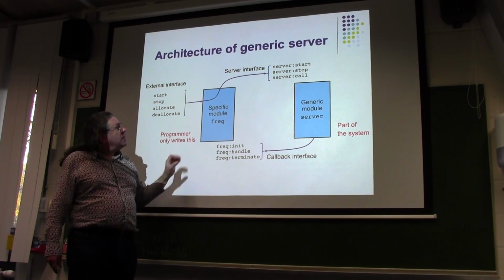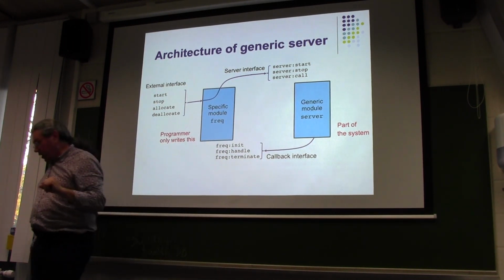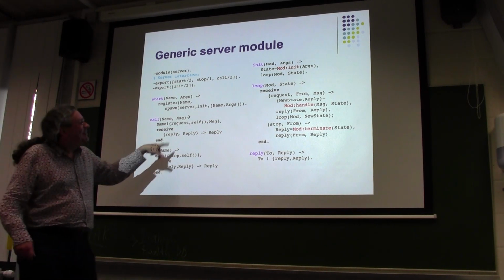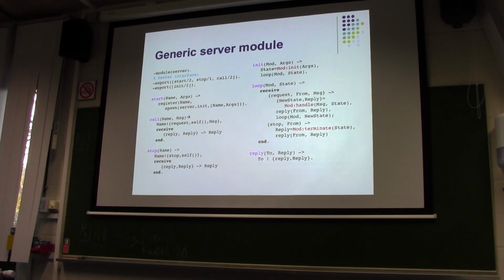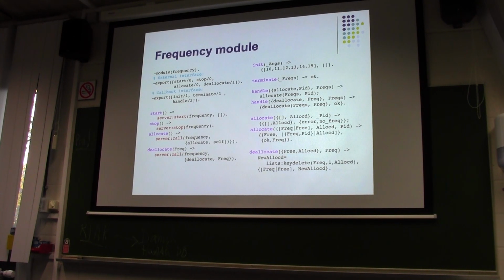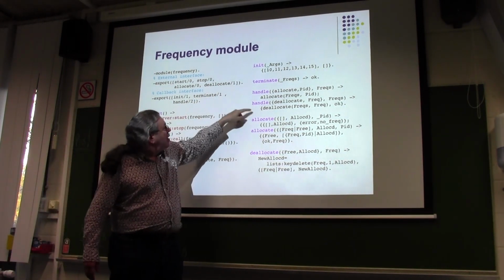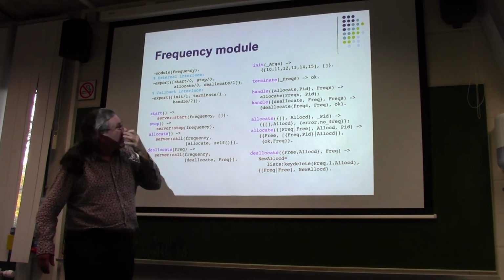Okay? So you see how you can build a generic server. Do you understand how it works? I expect you to understand this code, to be able to read this. It's not so complicated. It's very similar to ours, except with slightly different syntax. So parts of this are fixed: start, stop, call, init, terminate, handle, and then this is the actual computation, okay?